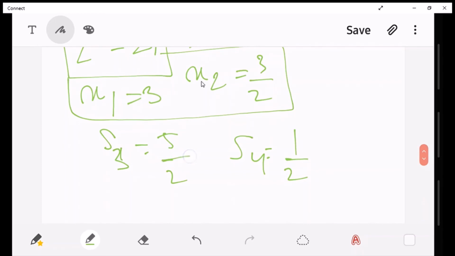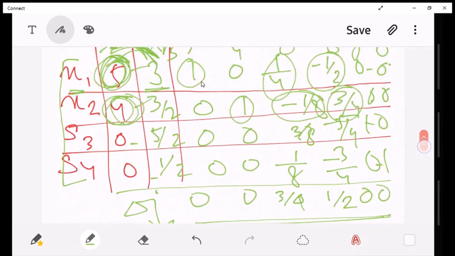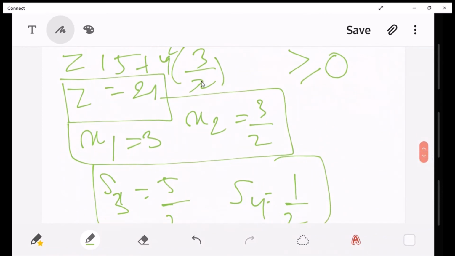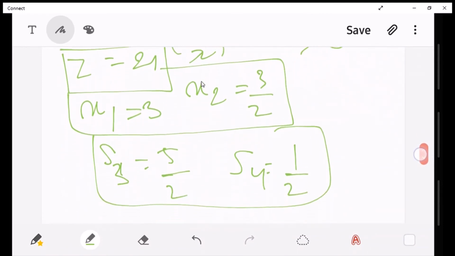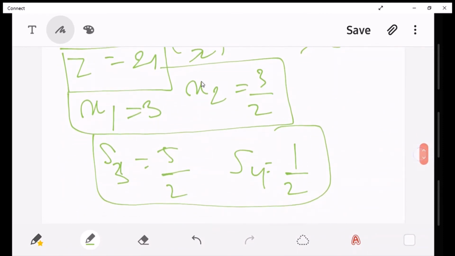So this is my final problem of Reddy Mikks optimization problem, maximization problem, where z or profit is maximized to give us the value 21, and the value of x1, that is amount of exterior paint that we will produce, is 3 tons, and this is 3 by 2 or 1.5 tons.